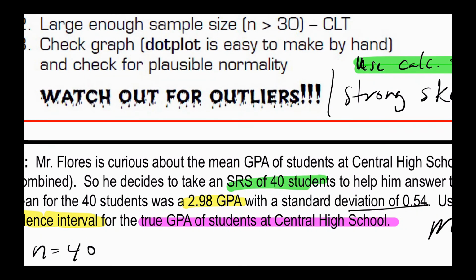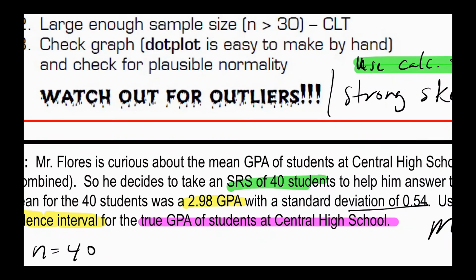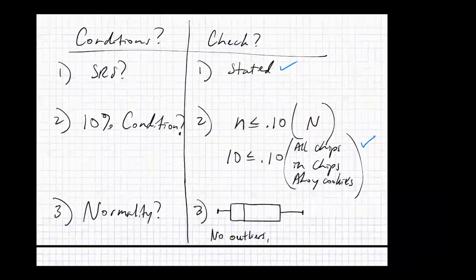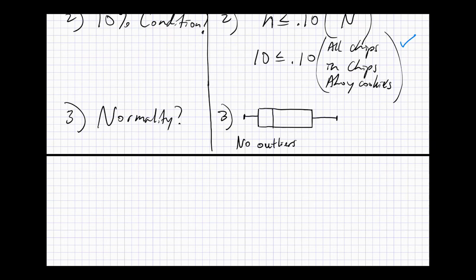So even though it is skewed, you can put that. Though skewed, there are no outliers. Okay. So this guy right here, no outliers. We could say no outliers present.